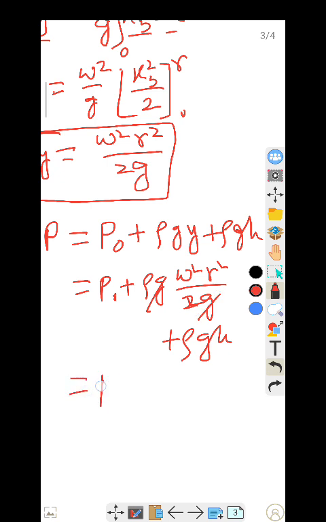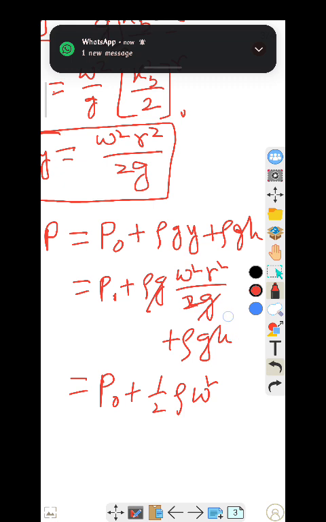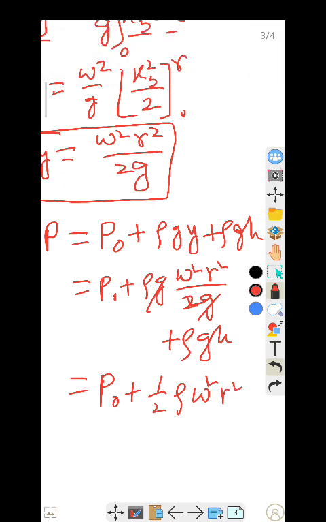Here g and g cancel out, and the expression for pressure will be P naught plus half rho omega square r square plus the additional depth from the bottom of the cone, rho g h.